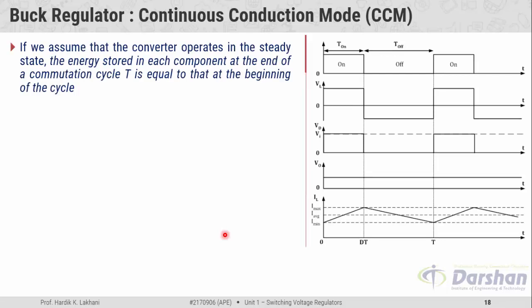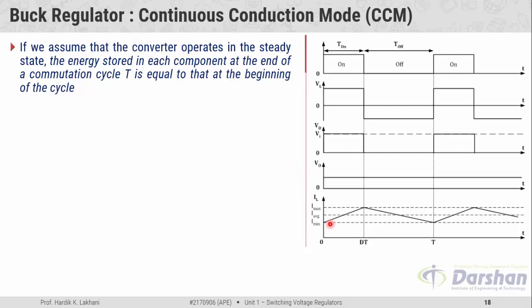If we assume that the converter operates in steady state, it means that the energy stored in each component at the end of the commutation cycle T is equal to that at the beginning of the cycle. Let us understand the meaning of steady state with the help of this inductor current waveform.